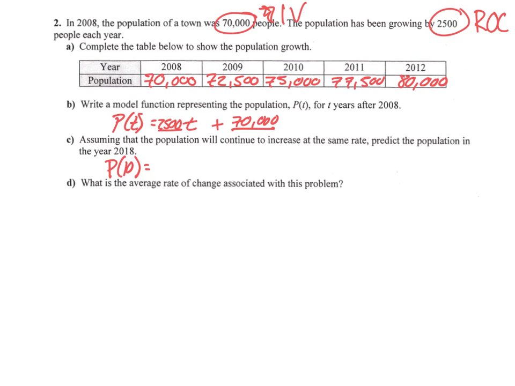P of 10 equals 2,500 times 10 plus 70,000. 25 times 1 is 25, and then I add the 3 zeros, plus 70,000, and I get what?